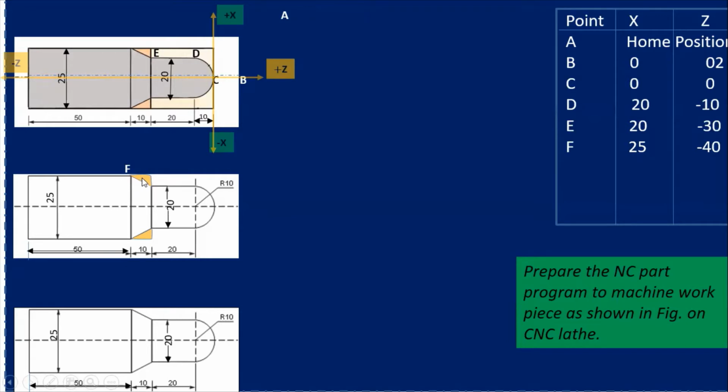Then F to G is again a plain turning operation. The diameter is 25 and the length will be minus 90, because 50 plus 40 is minus 90.